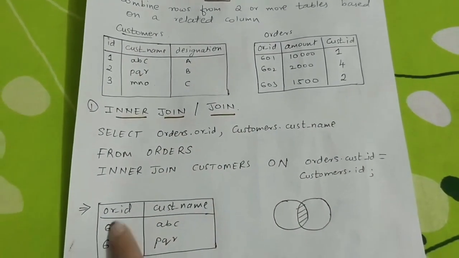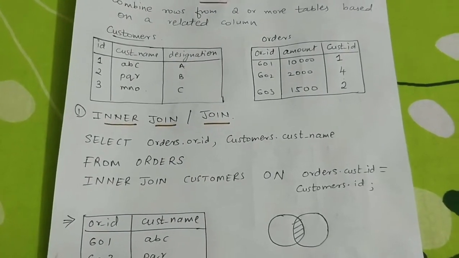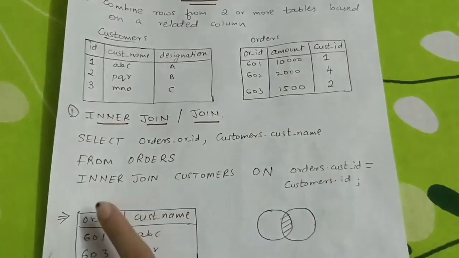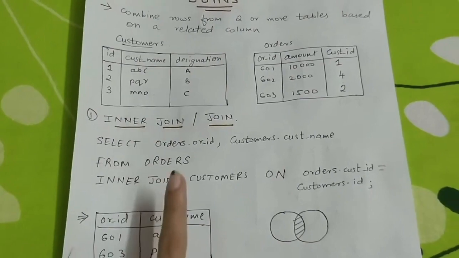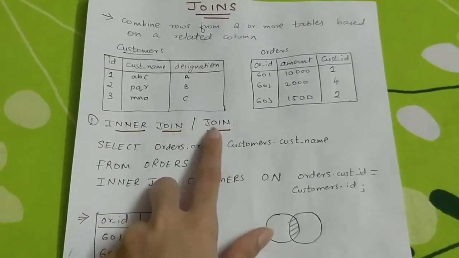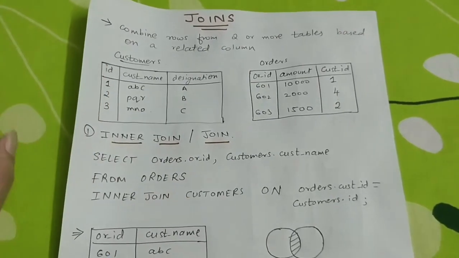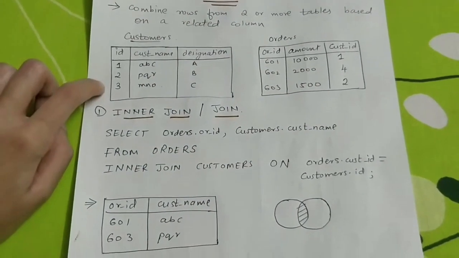So both of them are in this one single table. So basically we are combining the two tables in this way. From orders is this table, inner join, and instead of inner join you can simply write join also. Join and inner join are the same. From orders inner join customers on orders.cust_id is equal to customers.id.